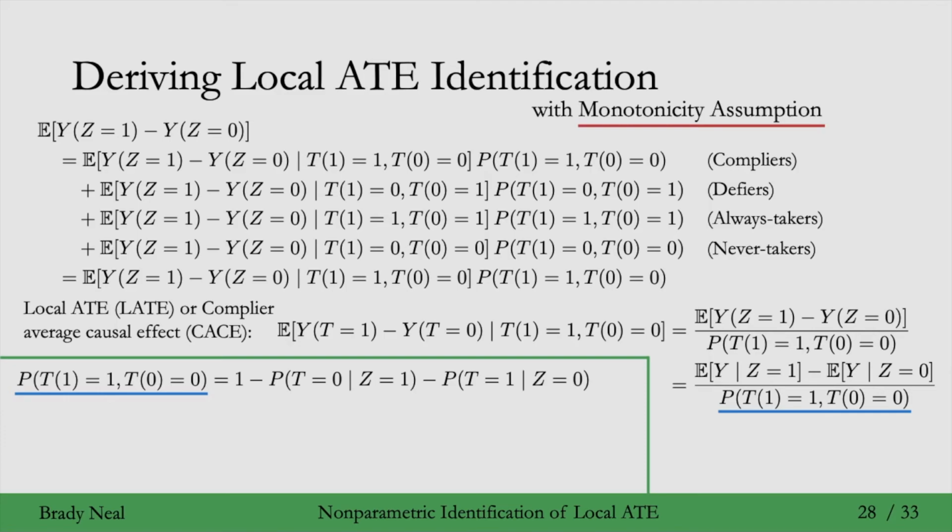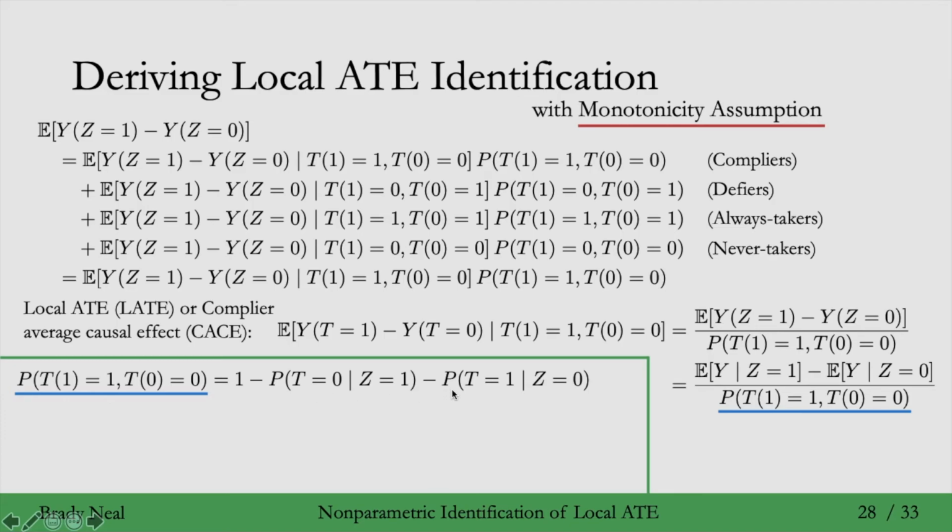Well, it's because we made the monotonicity assumption, also known as the no defiers assumption. People who fall into this probability could have been either never takers because they didn't take treatment, or they could have been defiers because they defied the z equals 1 encouragement. But because there's no defiers, we know that this probability actually just corresponds to the never takers.